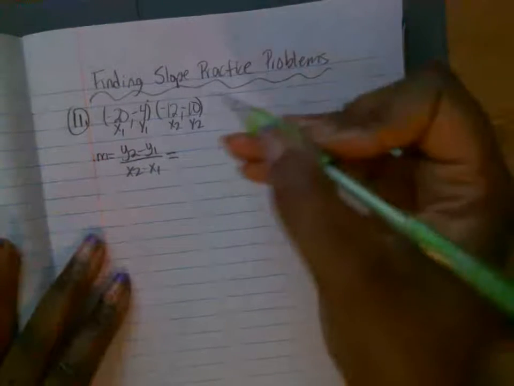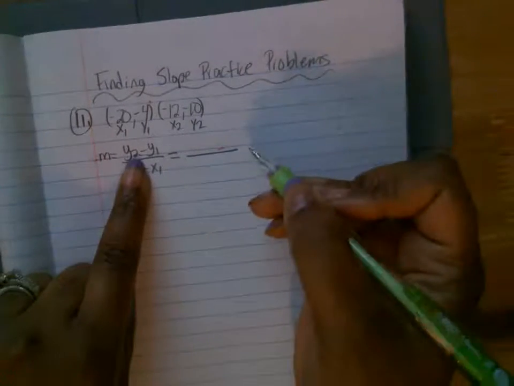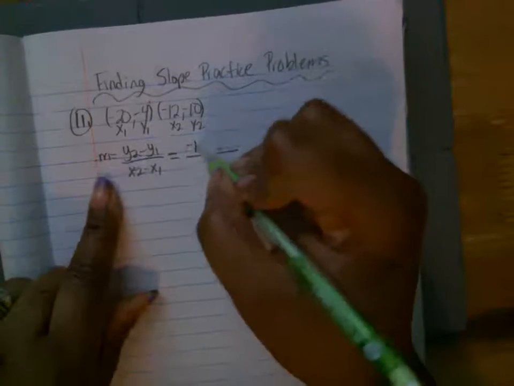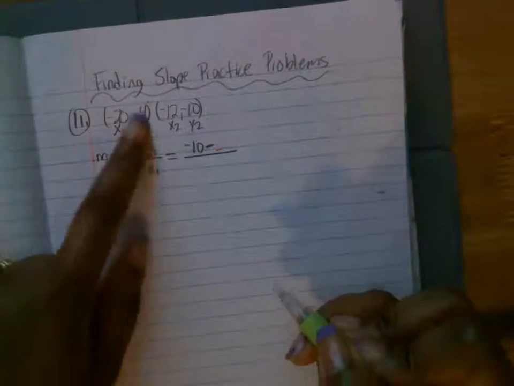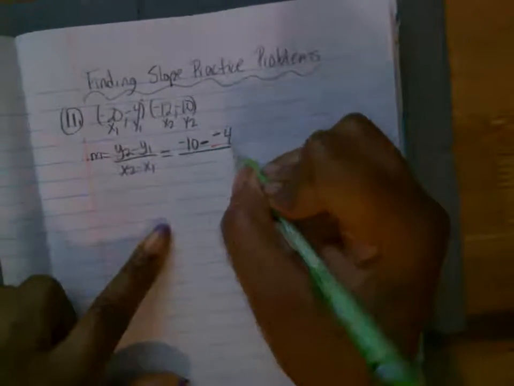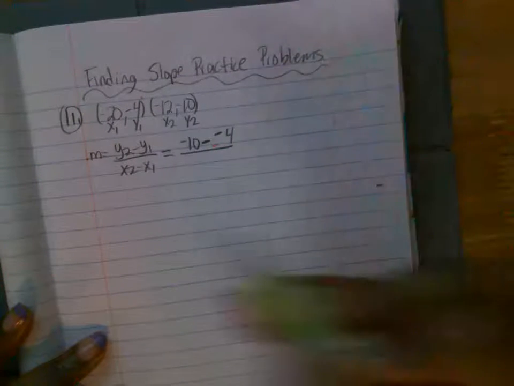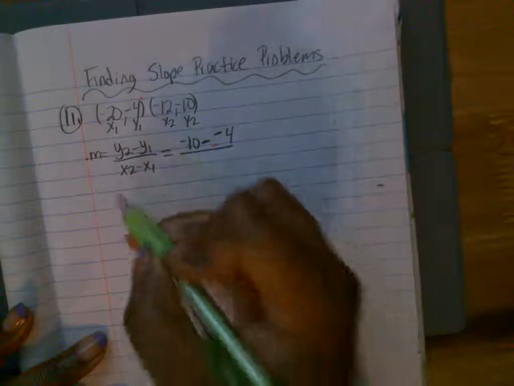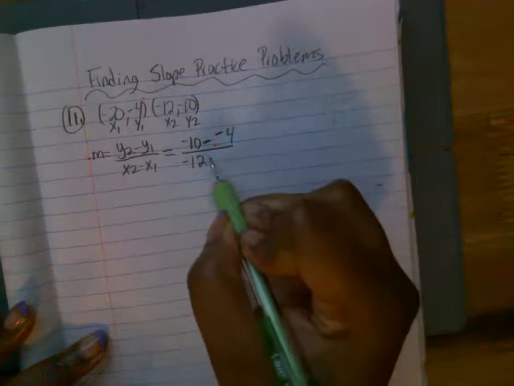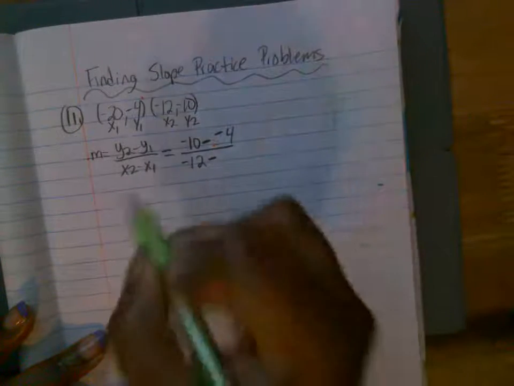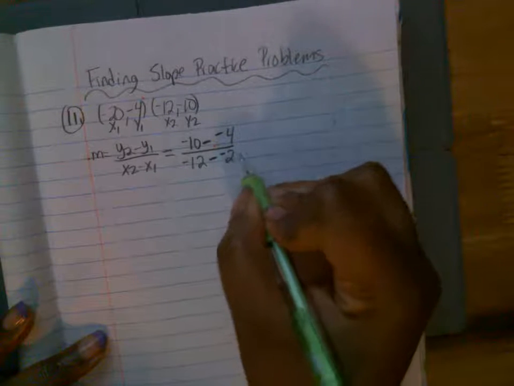All right, so here on the top, my y2 is negative 10 minus, it's a part of the formula, my y1 is negative 4. On the bottom, x2 is negative 12, minus is a part of the formula, x1 is negative 20.